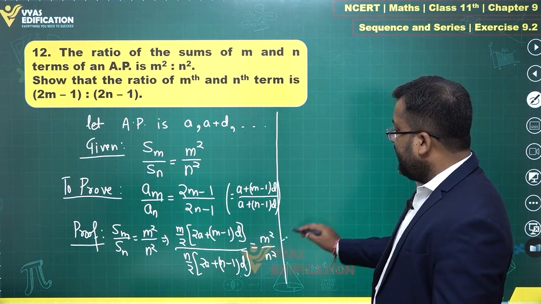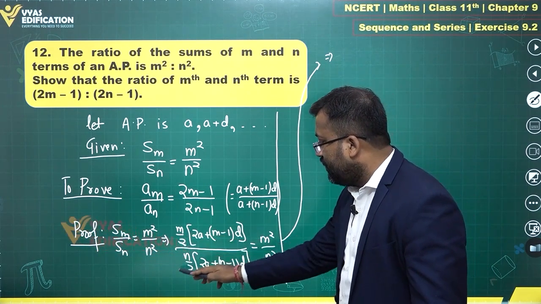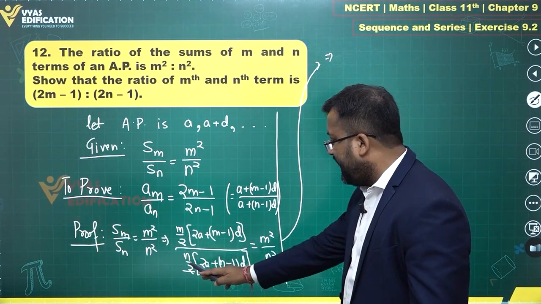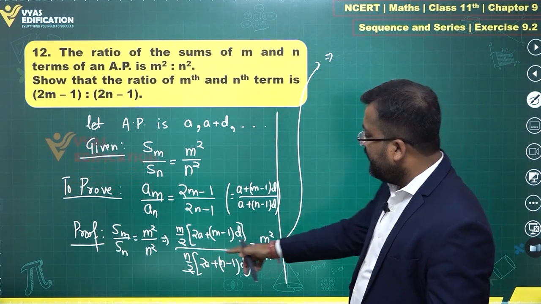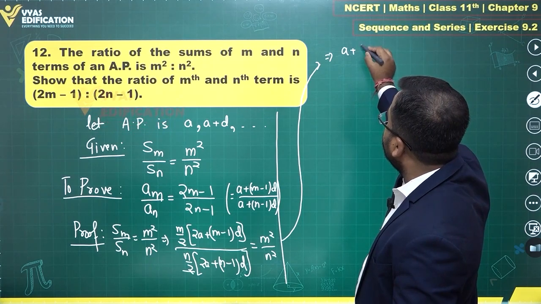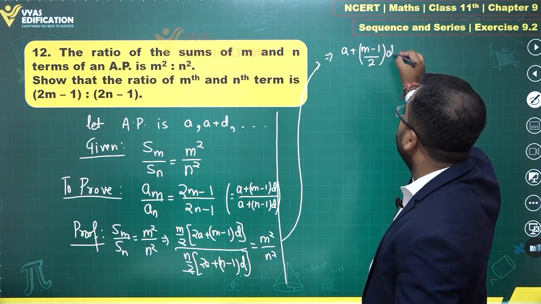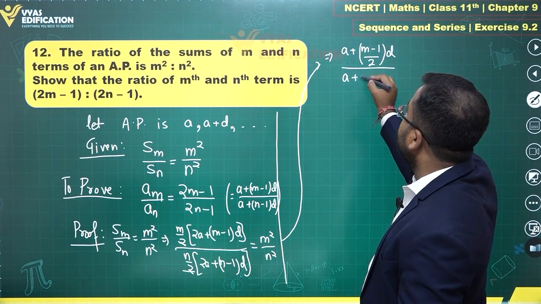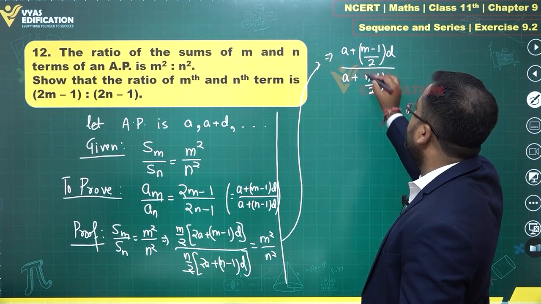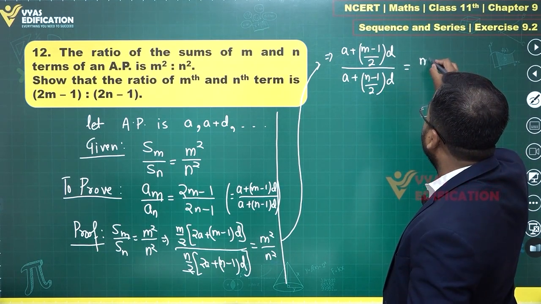So this particular thing will be simplified to what? m by 2, so 2 and 2 get cancelled. m from m square, n from n square will get cancelled. And you divide with 2, you get a plus m minus 1 by 2 d upon a plus n minus 1 by 2 d, which is equal to m upon n over here.